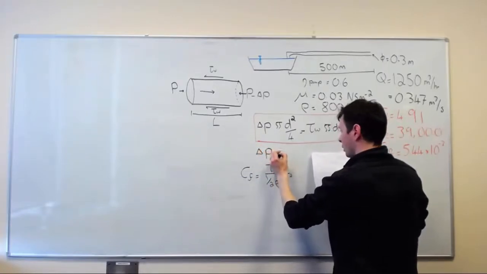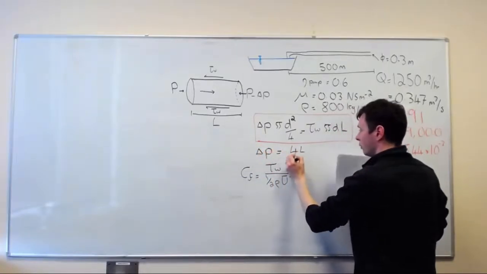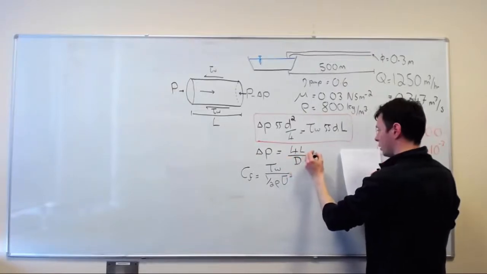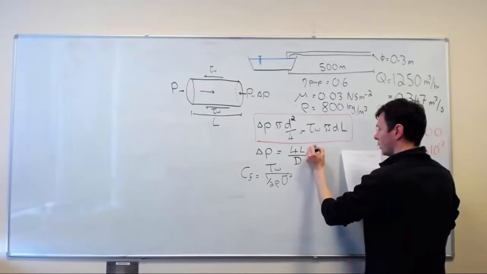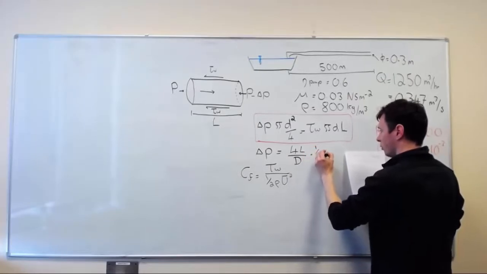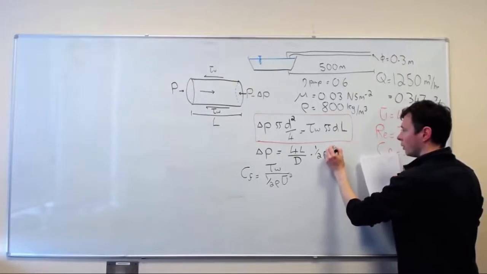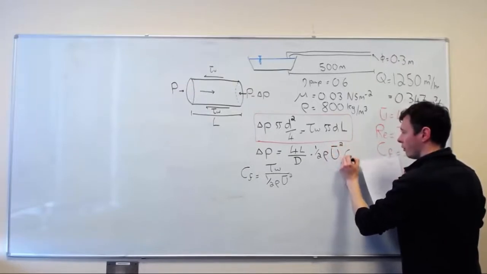delta P equals 4 times the length divided by D, and then half the rho U bar squared CF.